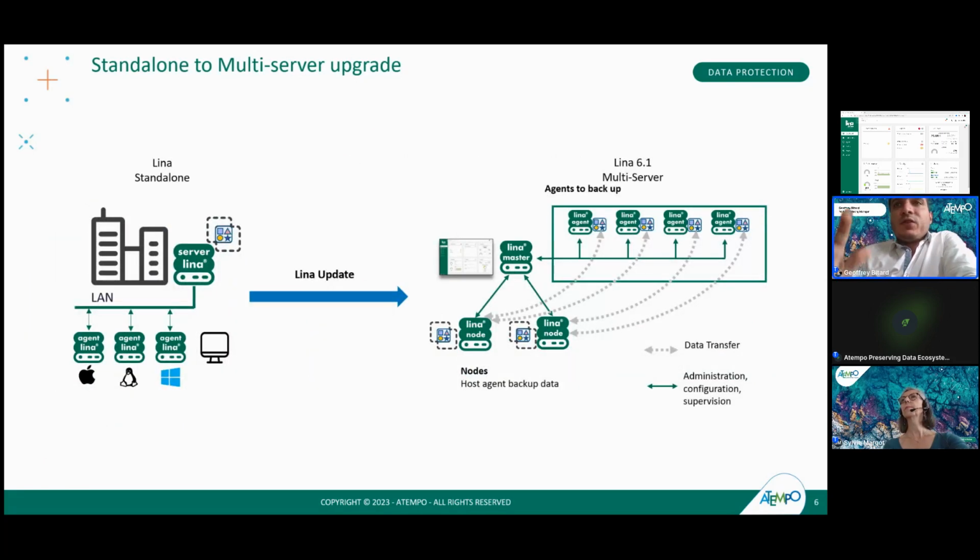Standalone to multi-server upgrade. What you have to do if you want to benefit from this new feature is first upgrade your server to 6.1, then upgrade your agents to 6.1, and for this you can, for instance, use the automatic agent upgrade available in Lina 6.1.